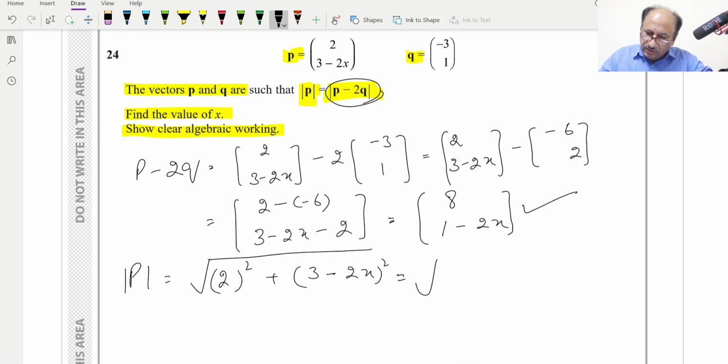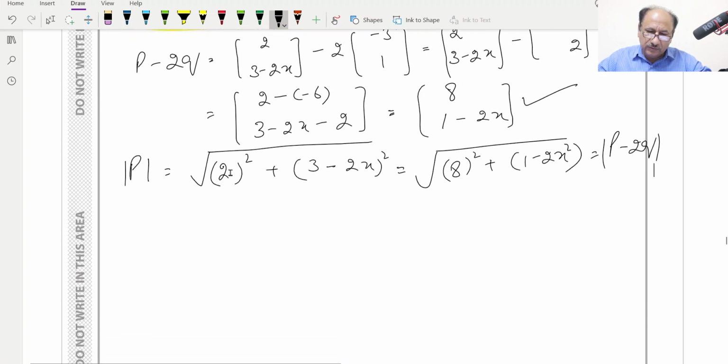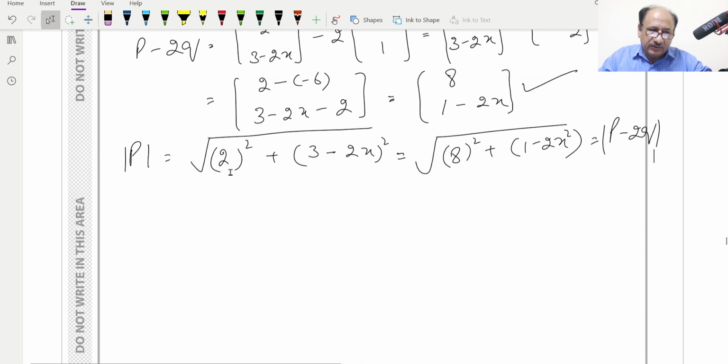So we can equalize this as 8 squared plus 1 minus 2x squared, which is basically mod of P minus 2Q. So we have written in one equation. Now we can simplify this.